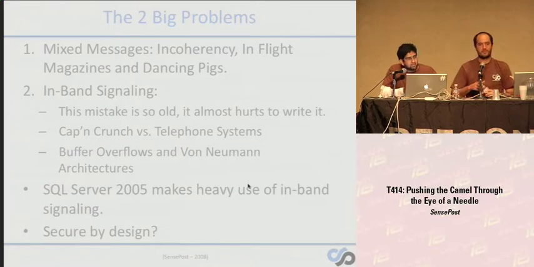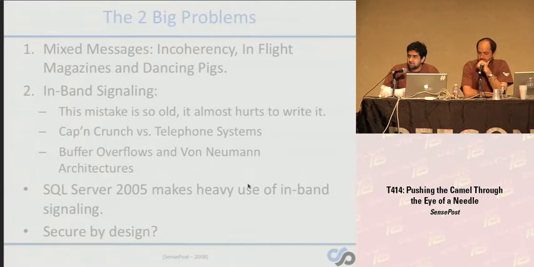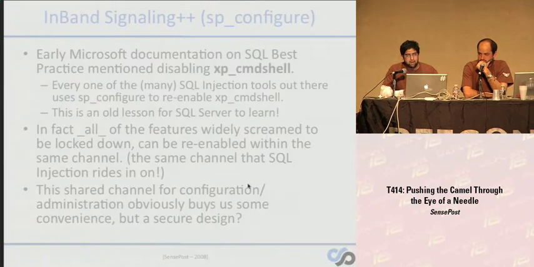When we look at buffer overflows today, essentially the core of it is because data and instructions look the same, and if we can send it data and convince the computer that those are instructions, we're able to execute commands. And essentially, as long as you're using in-band signaling, you can't really claim to be secure by design.